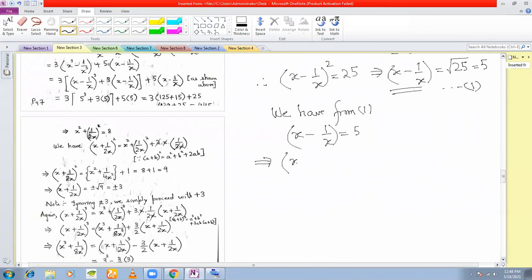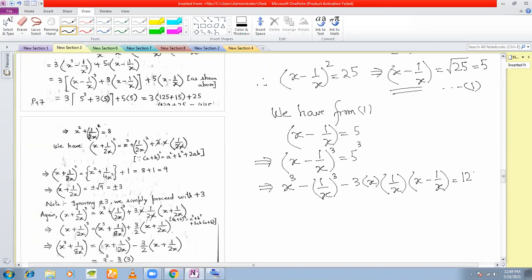We cube both sides. So this is a cube minus b cube minus thrice ab into a minus b is equal to 125.